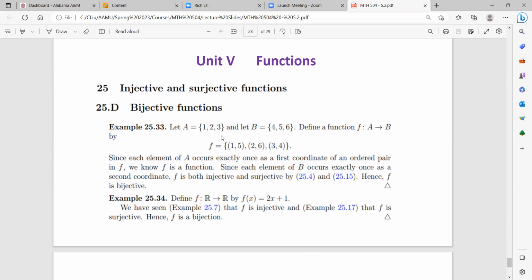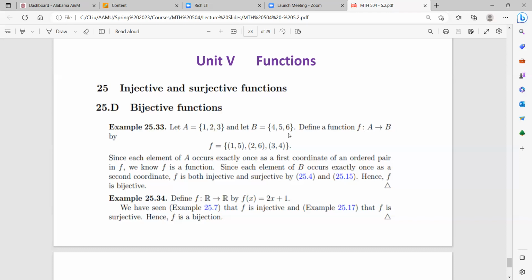There are three ordered pairs: 1 paired with 5, 2 paired with 6, and 3 paired with 4. So the first coordinate comes from the domain, and the second number in each ordered pair comes from the codomain.